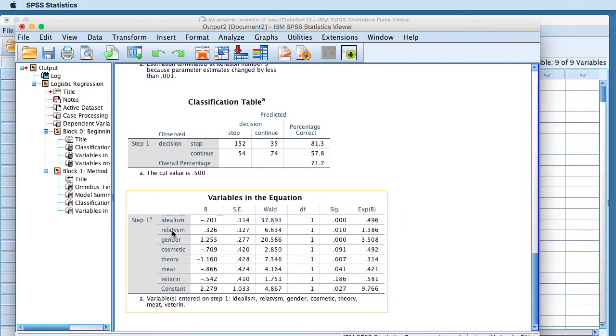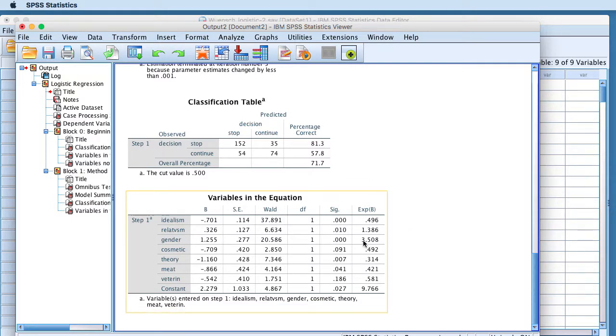So for every 1 point increase on the relativism scale, or 1 point change, the chance that they would make the decision to continue increases 1.3 times, or almost 1.4 times. With gender, it's much larger.